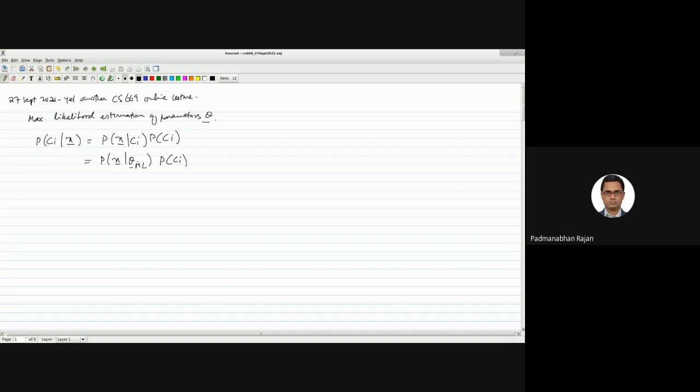I should write theta i ML. This is the ML estimation of the parameters of the ith class, because it is conditioned on Ci.